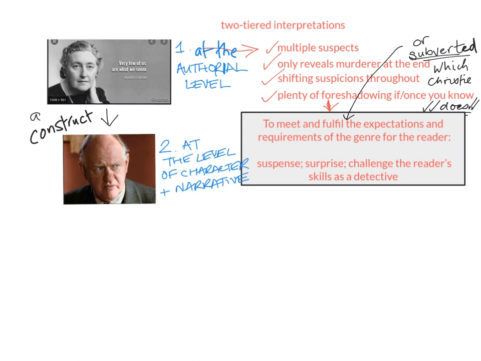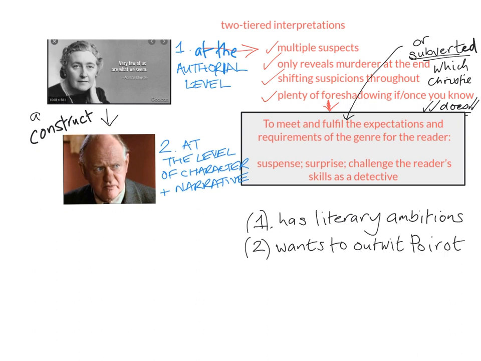Don't forget as well, as we've just explored, Dr. Shepherd has literary ambitions, doesn't he? And we've just seen as well that he intended to sort of gloat and score a victory over the world-famous Hercule Poirot.